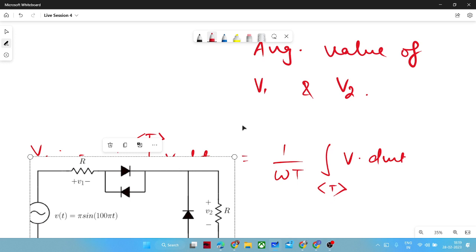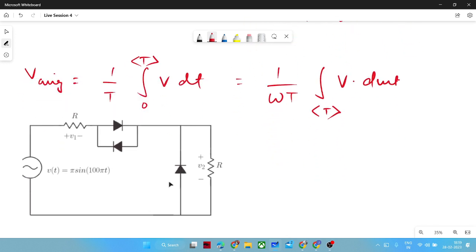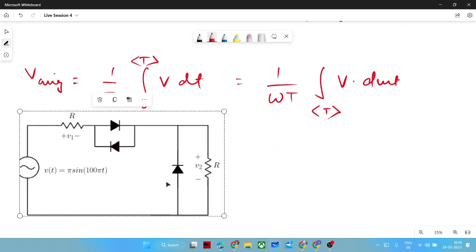During the positive half cycle, some diodes will be turned on, and that will create a circuit. During negative half cycles, some other diodes will be turned on, and some diodes remain turned off.